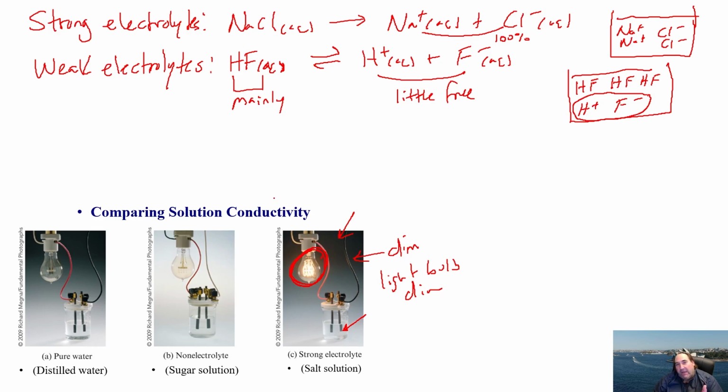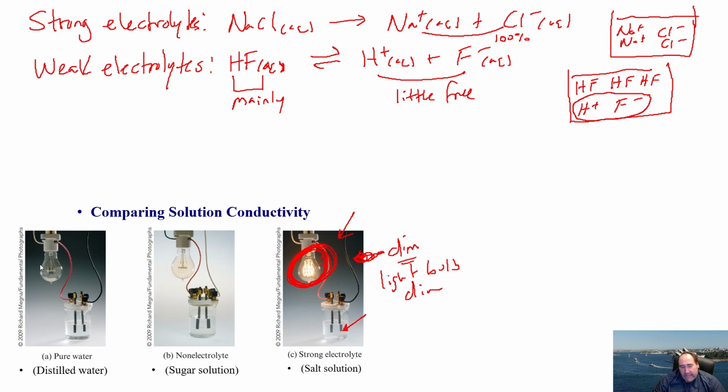It doesn't have a lot of light coming out because it's not going to conduct a lot of electricity, but it's still able to do so because there's still ions present in that solution. So unlike a strong electrolyte, which is what we see in this picture here, where the light bulb is very, very bright, a weak electrolyte would look very dim and almost like it's dying.